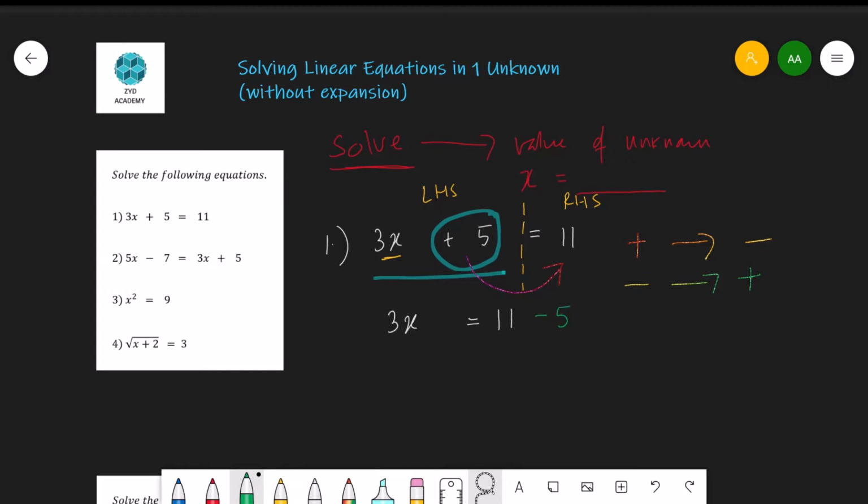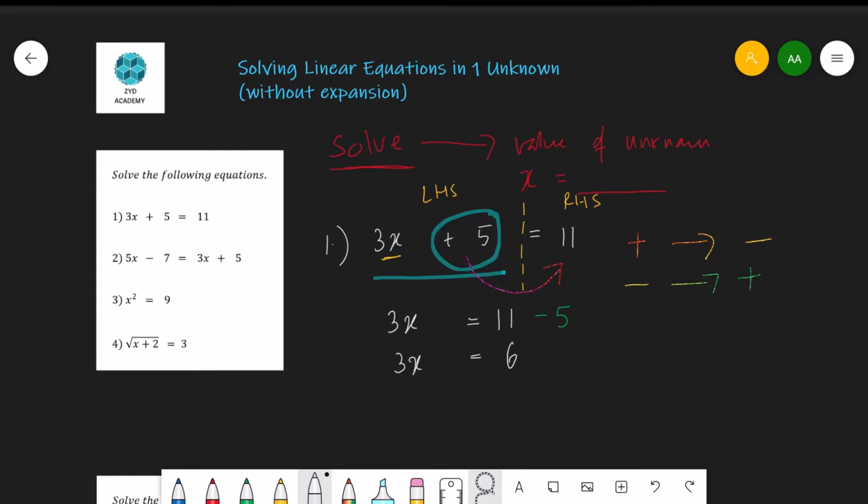Anything in white is the original item, but the one in green is the new item. So from plus 5 it has become a minus 5. We have 3x equals 11 minus 5 equals 6. So now we have 3x equals 6.